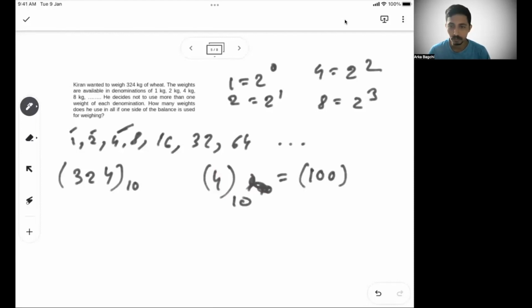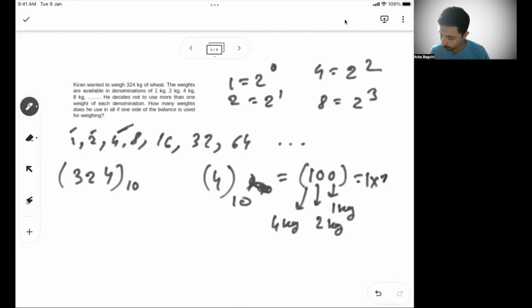100. So that means 0 represents the 1 kg weight, which is not being used. The next 0 represents the 2 kg weight, which is not being used. 1 represents the 4 kg weight, which is being used, which is 2 squared. This is the same as writing 1 into 2 squared plus 0 into 2 to the power 1, plus 0 into 2 to the power 0.